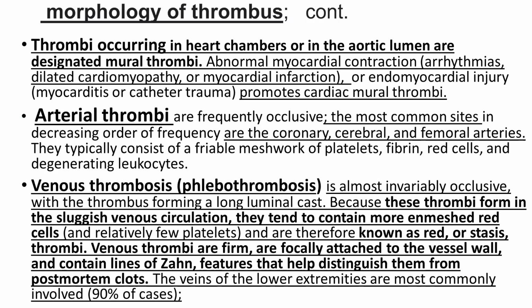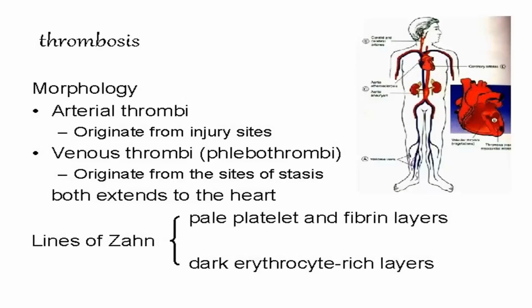Thrombi occurring in the heart chamber or in the aortic lumen are designated as mural thrombi. Arterial thrombi are frequently occlusive. The most common sites in decreasing order of frequency are the coronary, cerebral, and femoral arteries. Venous thrombosis is almost invariably occlusive, with the thrombus forming a long luminal cast.